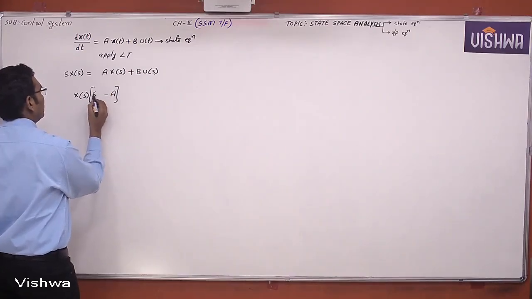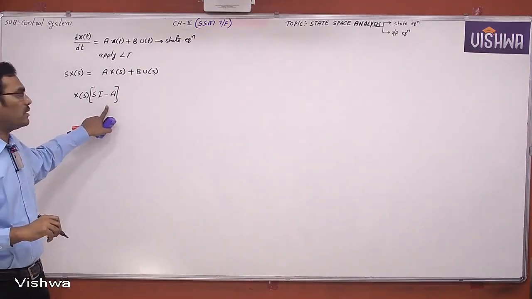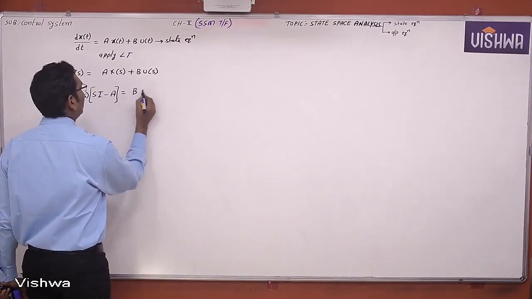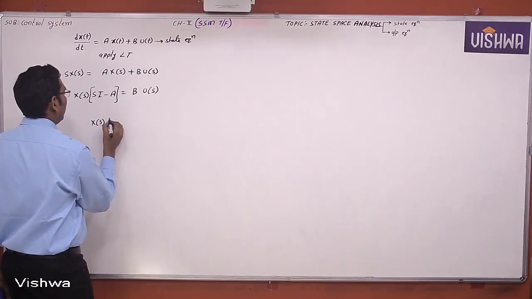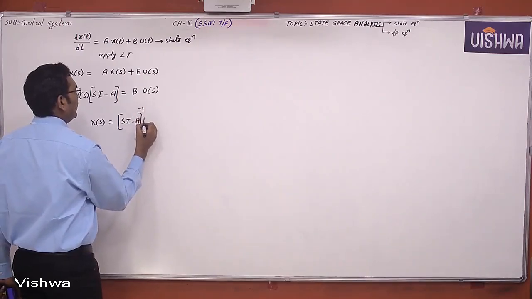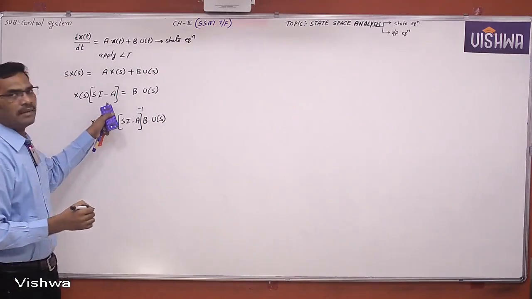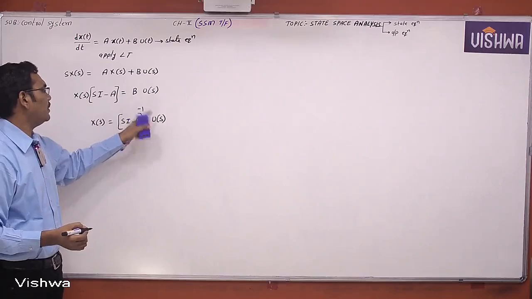Therefore this s is multiplied with the identity matrix, and this identity matrix has the same order as the A matrix, which equals B into U of s. Therefore X of s is nothing but (sI minus A) inverse into B into U of s.